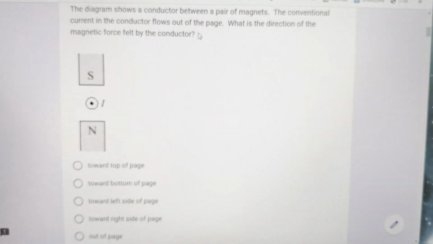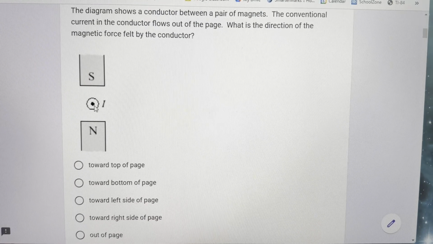The third hand rules are for when a charge is moving through an external magnetic field, a magnetic field it is not creating, and as a result feels a force. So this is definitely a job for the third hand rule in this case, right? We have a charge, conventional current moving through an external magnetic field that it had nothing to do with creating, and as a result, it will feel a magnetic force.